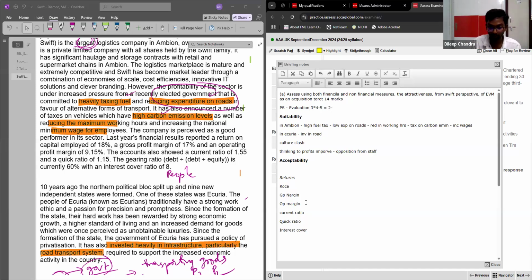12 to 14 marks. That's what I'm trying to achieve here. 3 paragraphs, 14 marks. So 4 points or 5 points in each para, each side heading, resulting in 12 to 14 marks. Maybe in one side heading, I might not write more than 2 points.